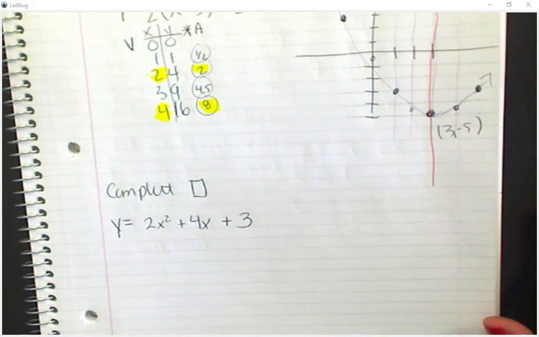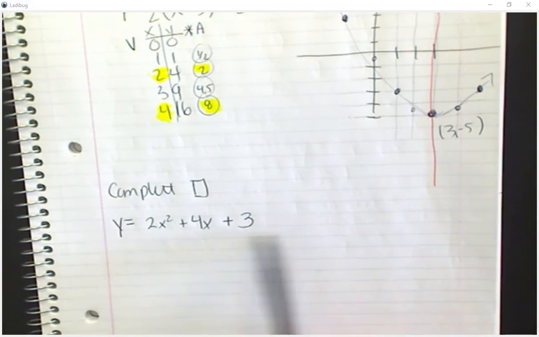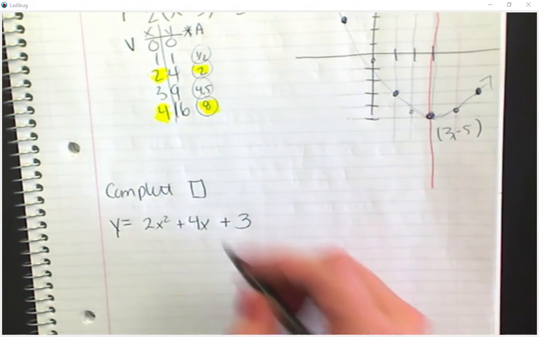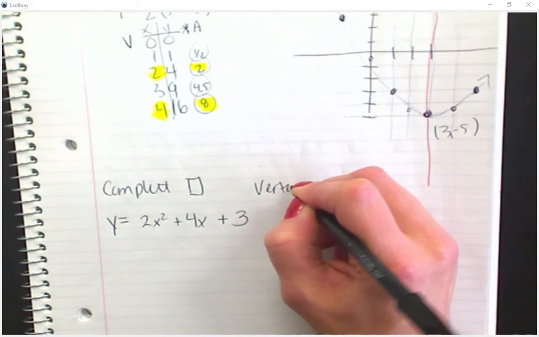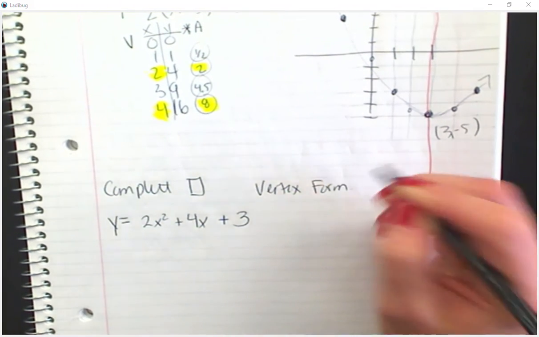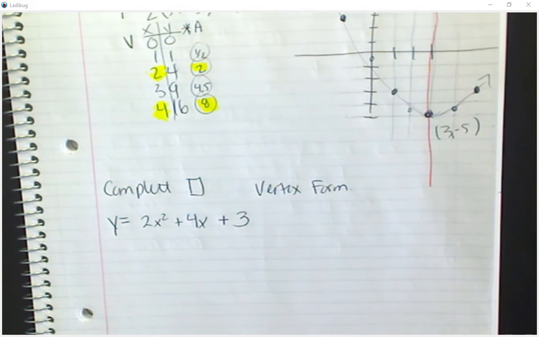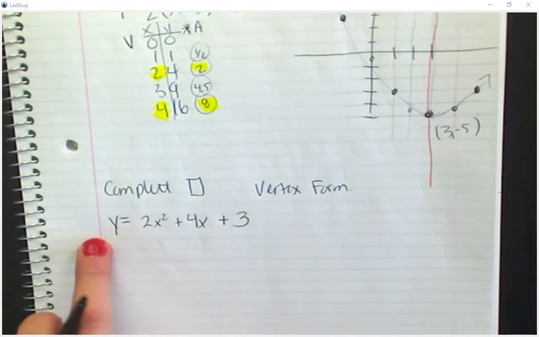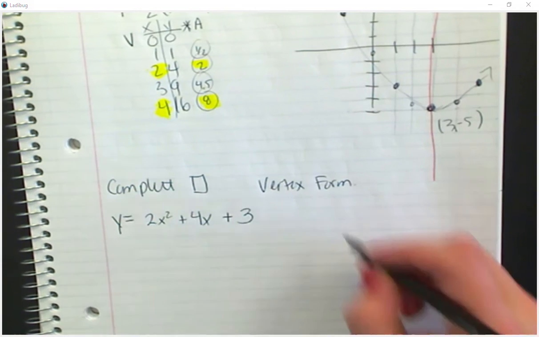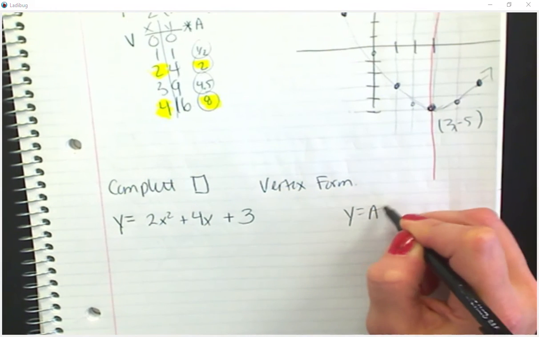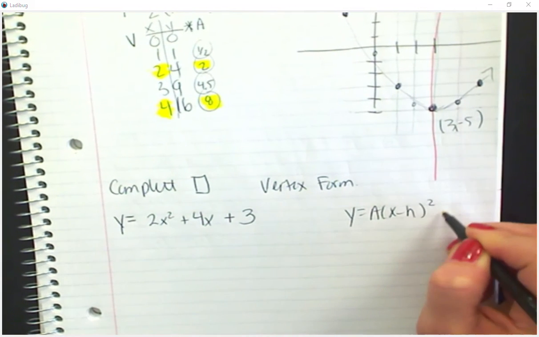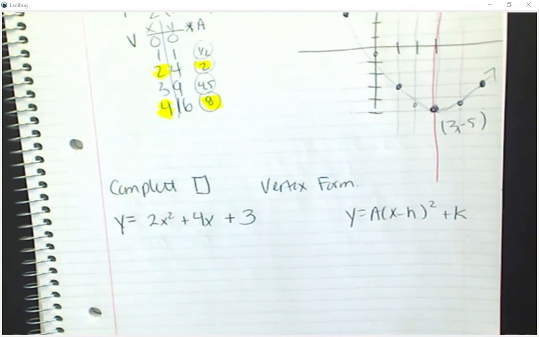Wait, using the question from no, right here. Nope, complete the square. Write it in vertex form. Wait, isn't that standard form going to vertex? It is. So how is, I want you to write this in vertex form. The answer should look like this. Just complete the square.